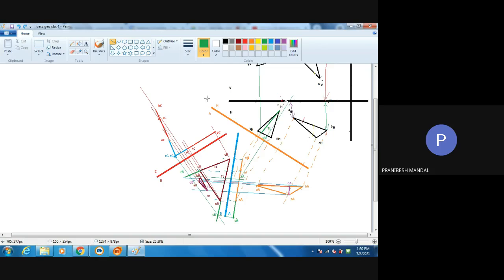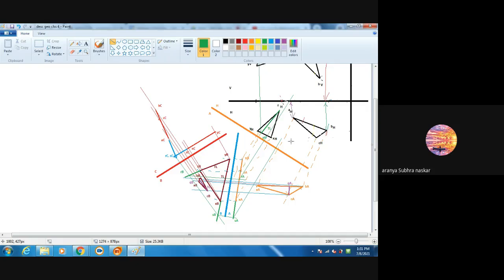ওয়েট, এক্সচেঞ্জ লেখাটাকে সরাই। So the track back is okay.